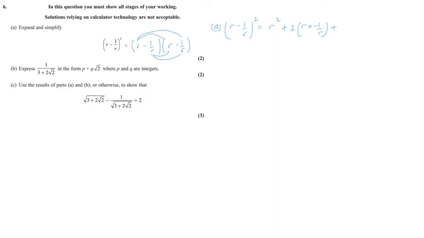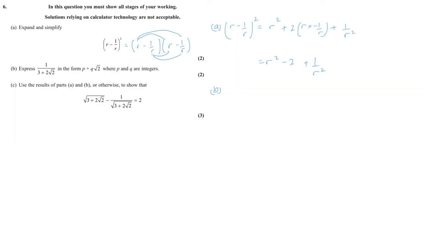Minus 1 over r times minus 1 over r is plus 1 over r squared. I wrote this out here, but normally I would do this in my head. So this is r squared. r times 1 over r is 1, so r times minus 1 over r is minus 1. Times by 2 is minus 2. So it's minus 2 plus 1 over r squared.